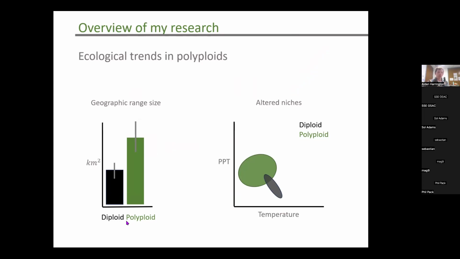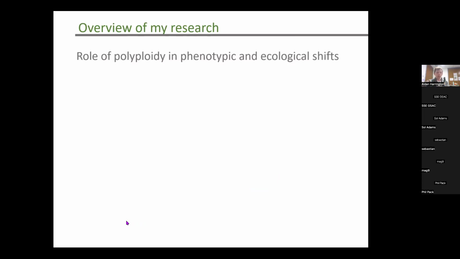Those two trends are often geographic range size and niche shifts, with polyploids often thought to have larger geographic ranges and different, sometimes larger, abiotic ecological niches. And we want to understand the role of polyploidy in these shifts, or if these shifts are even taking place.